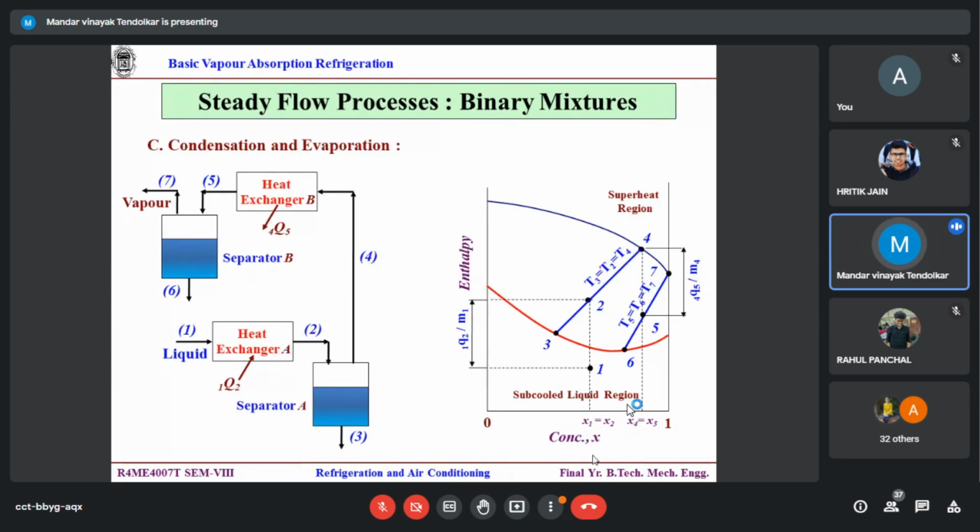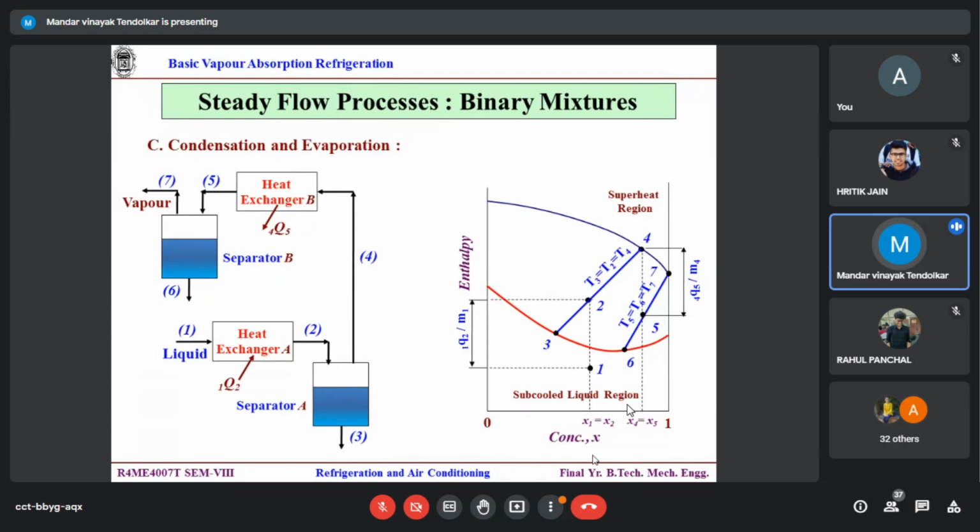Only the first one is the heat addition heat exchanger, because your inlet liquid itself is a subcooled one. We have to bring it to the two-phase zone. But otherwise, the vapor phase is always towards the saturated part. So we have to reject the heat and bring it inside the two-phase zone. So even if I add a further heat exchanger C, it will always be the heat rejection part. Even a further heat exchanger D, if required, will always be a heat rejecting part.